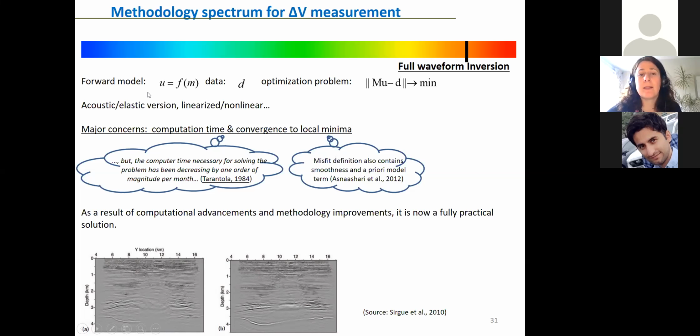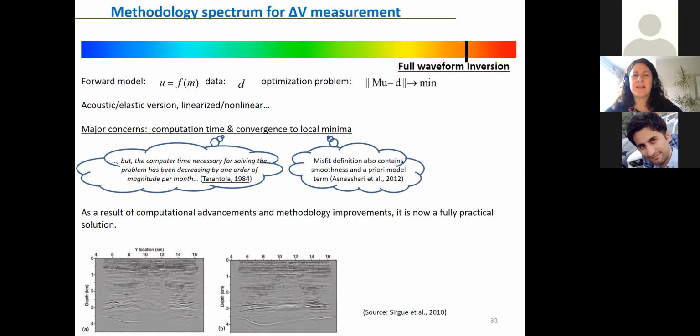So you construct this synthetic data and you compare it to your observed data, and you do an optimization whereby you try to minimize your objective function. Okay, so in other words, you try to minimize the misfit between synthetic and observed data. And there are all these flavors of FWI: acoustic, elastic, linearized, nonlinear, isotropic, anisotropic, viscoelastic.